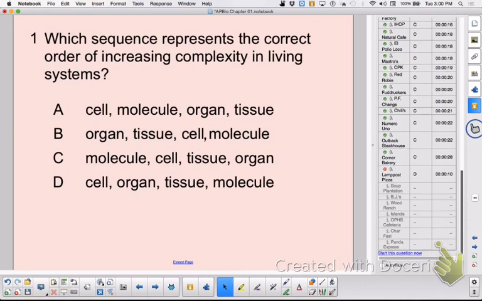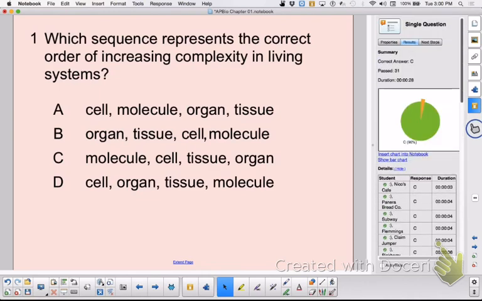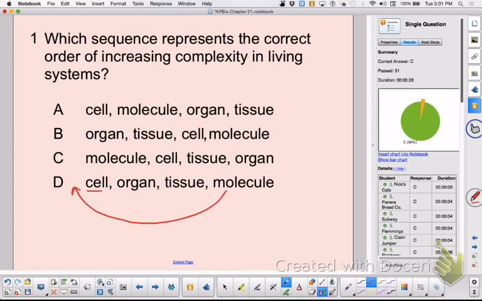Oh, lamppost pizza. Okay, lamppost pizza picked D. Why are we not picking D, rest of the restaurants? What's wrong with D? Why don't we like it? Molecule before cell and tissue before organ. Okay, ask your restaurant friend, do you understand now? Are you lamppost?